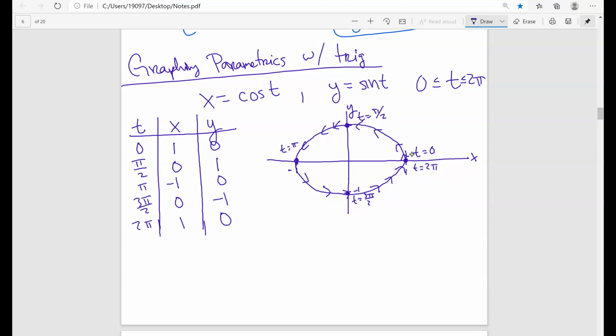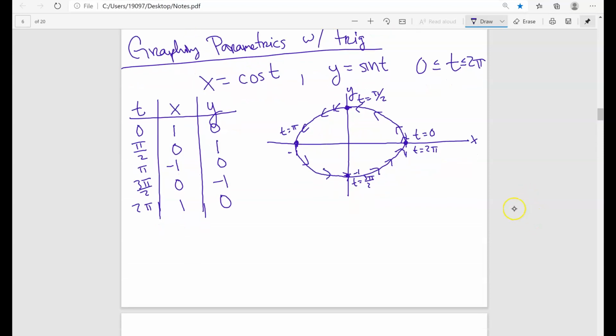So it's no surprise that this should actually be the unit circle. So basically we can parametrize the unit circle using cosine and sine. Now, let's say I wanted to eliminate the parameter. So can I find out what the equation in just x and y without the t is? So, eliminate the parameter.